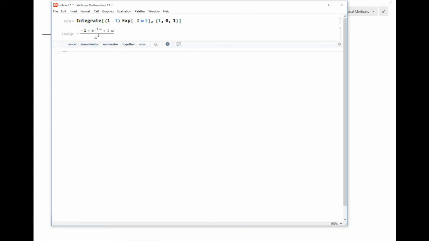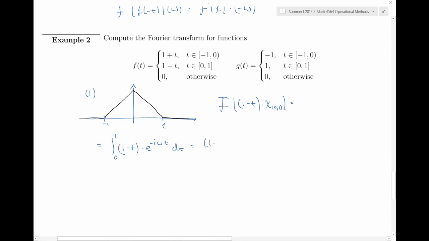Copying this expression, we get 1 minus e to the minus i omega divided by omega squared minus i over omega.